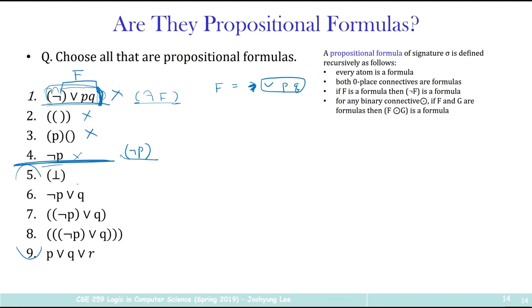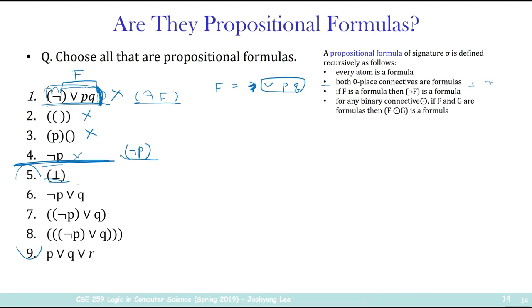Number 5. Is 5 a formula? It is not. Why is that the case? It doesn't conform to any of these patterns. Look at the rules: this one is not an atom, and it's not a zero-place connective alone, because only bottom or top can be the second case.